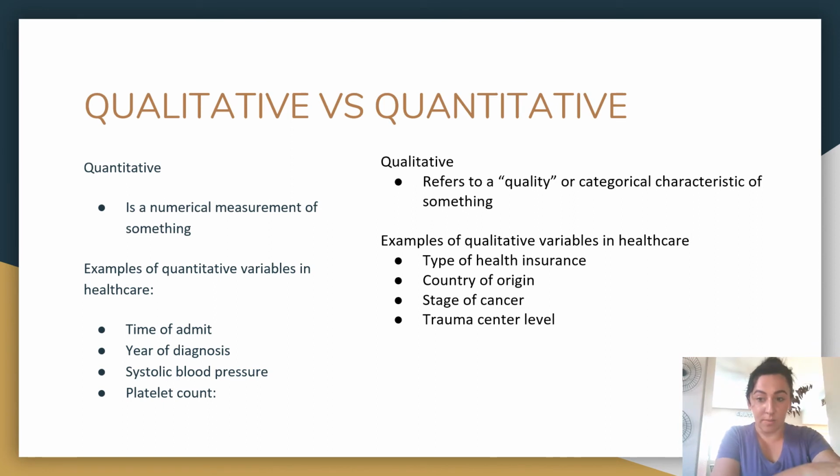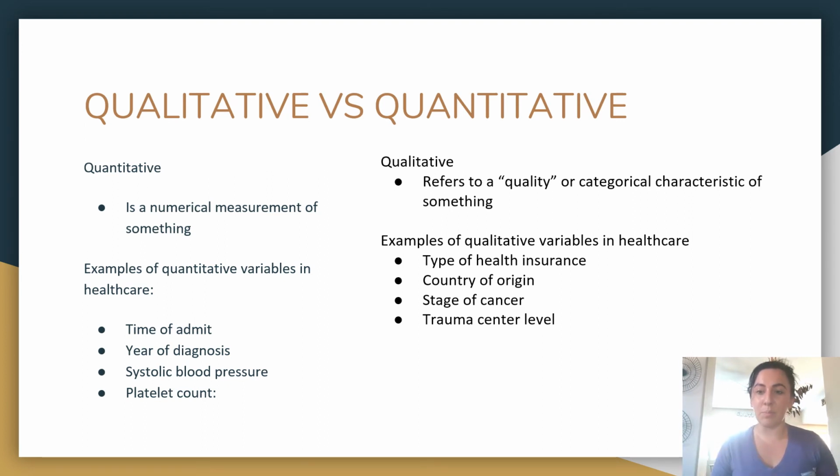Some examples of quantitative variables in healthcare, and these are quite common, include time of admission. Say you were working in the ER and you want to check out the average time of admission for the patients that came in, or even your diagnoses.